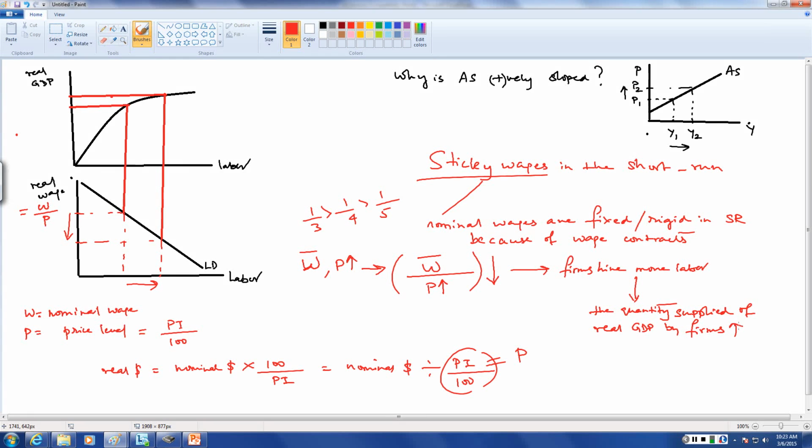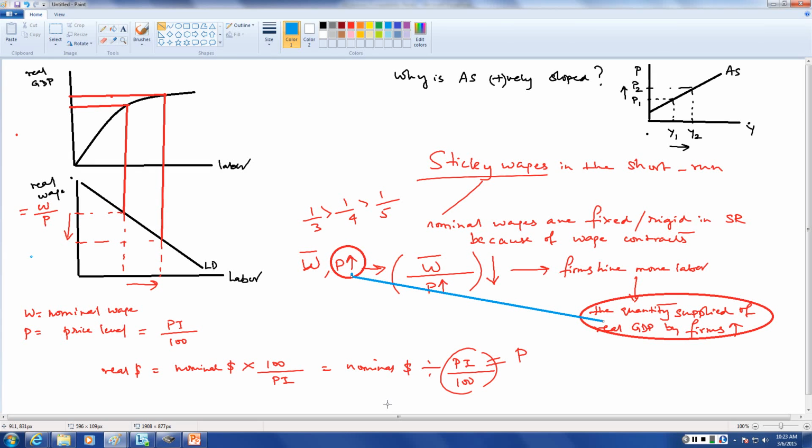Correct? So what am I going to put together here to explain the positive slope of the AS curve? I have this, of course, price level rising, and then I have this. Do you follow me? If I connect these two up, do I not have an explanation for the positive slope of the aggregate supply curve? Price level rises, quantity supplied of real GDP by firms rises.